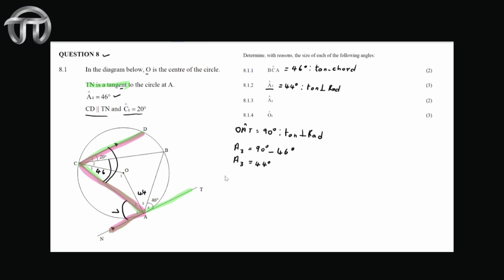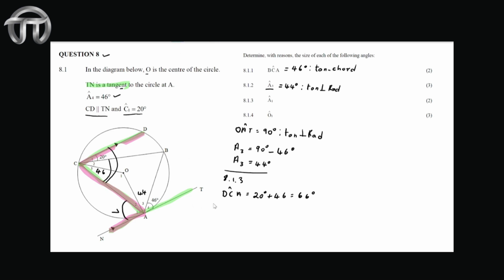Okay, so this is 8.1.3. The total of this gives us 66 degrees, right? So once you have the total angle there of 66 degrees, this 66 degrees angle is alternating with A1.